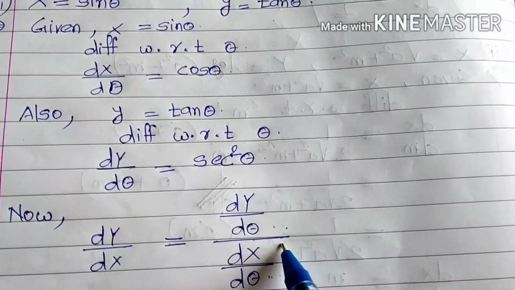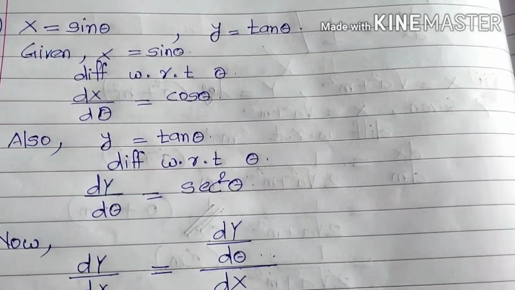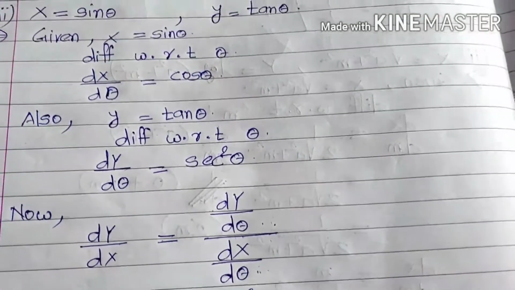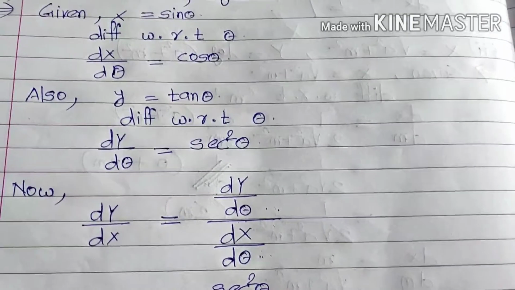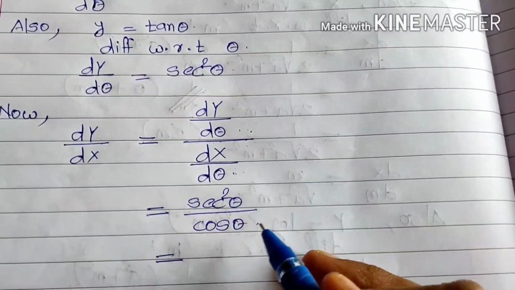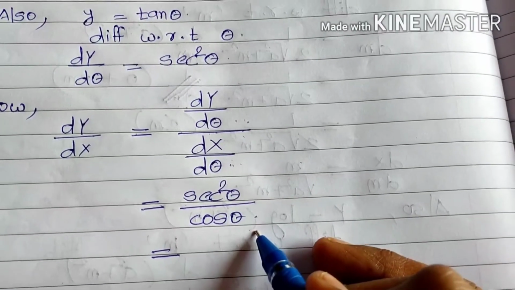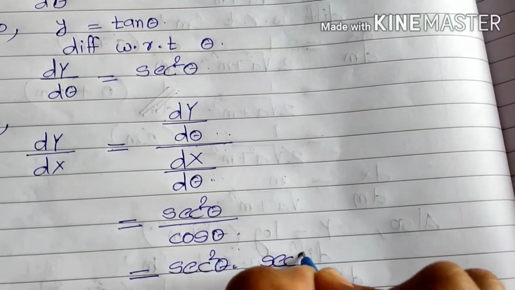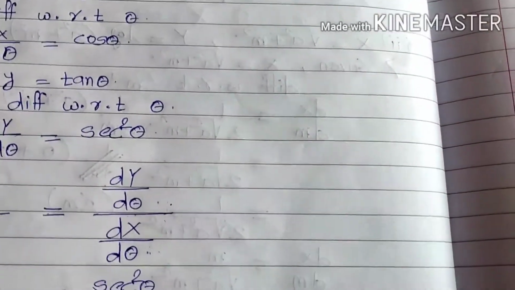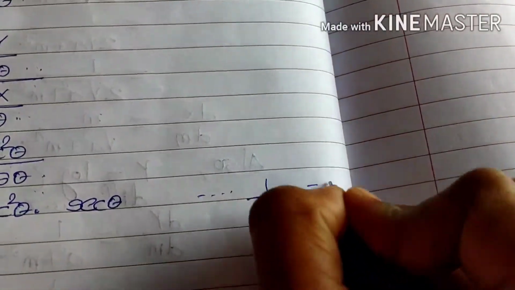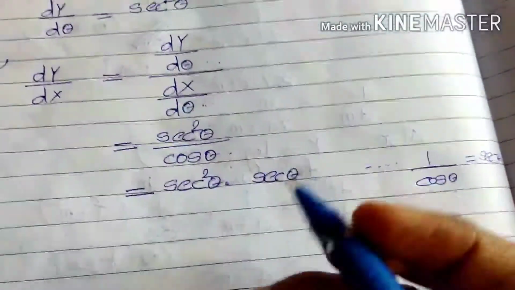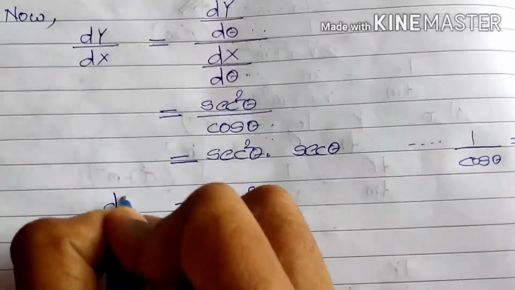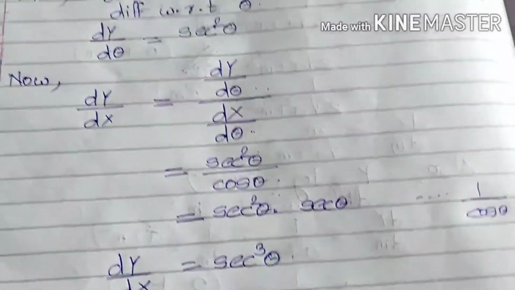The value of dy upon d theta is sec square theta, and the value of dx upon d theta is cos theta. We know the trigonometric functions, and according to this, 1 upon cos theta is sec theta. So sec square theta into sec theta will become sec cube theta. So this is our answer: dy upon dx is equal to sec cube theta.